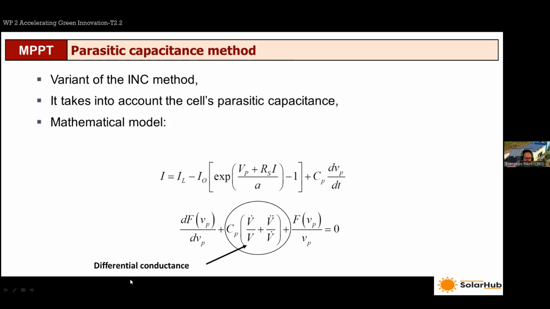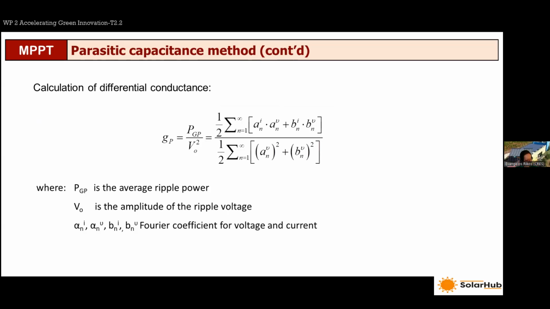so-called differential conductance. This is provided in literature as a specific calculation formula, and in order to measure it, you have to apply some ripple in the power and measure the harmonics of it.